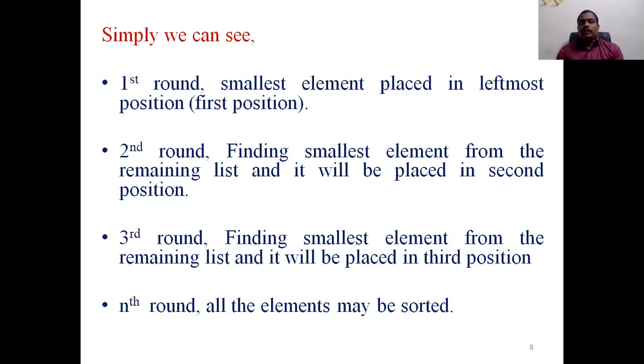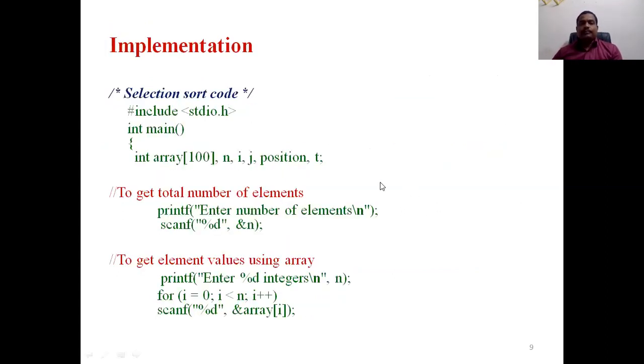That's why I said it is an in-place sorting algorithm. In the third round, the third element comes to the third position, and it goes up to the nth round. Finally, it is sorted in increasing order. This is the selection sort.